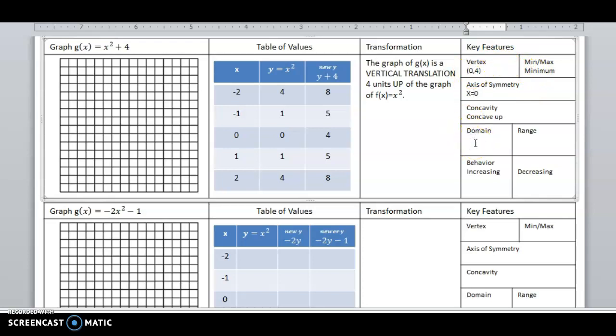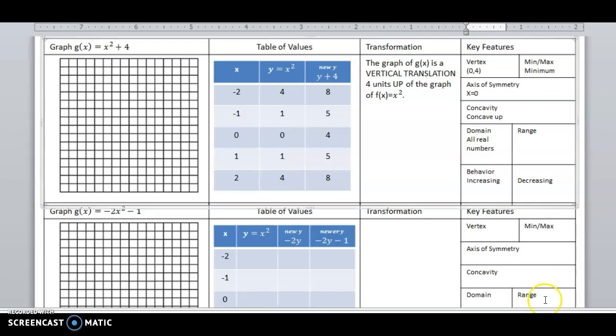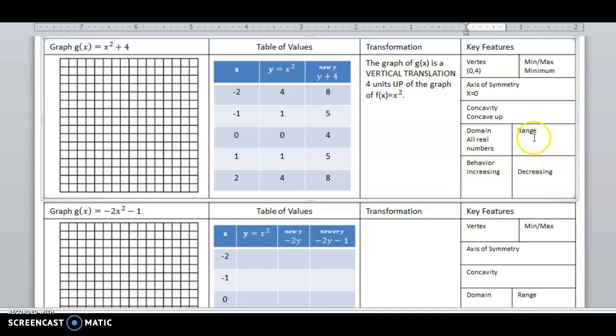And then the domain, we said it's always all real numbers. Now the range is, we say y is greater than or equal to, and then we use the y value of the vertex.